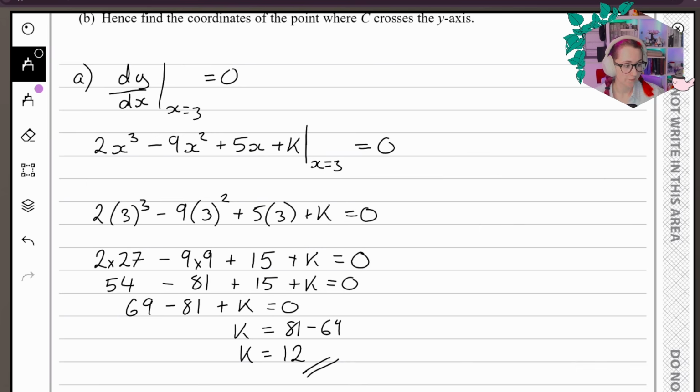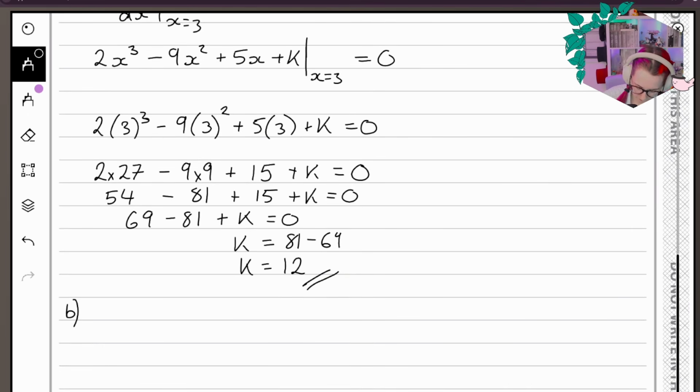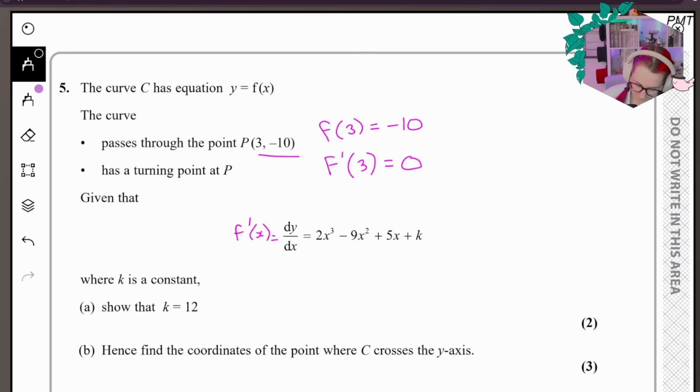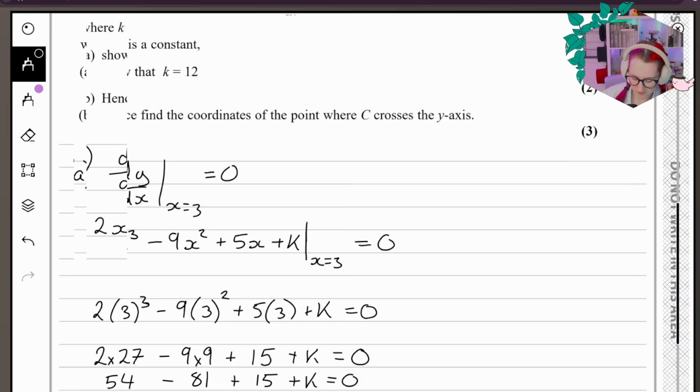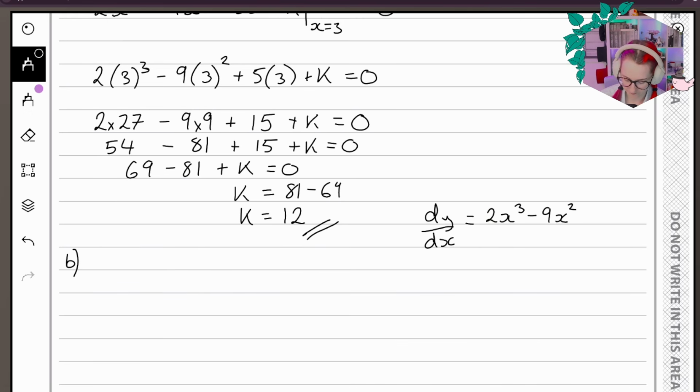And then part B was hence find the coordinates of the point where C crosses the y-axis. So hence means use the bit before. So k is 12 gives us that dy dx is equal to 2x cubed minus 9x squared plus 5x plus 12.